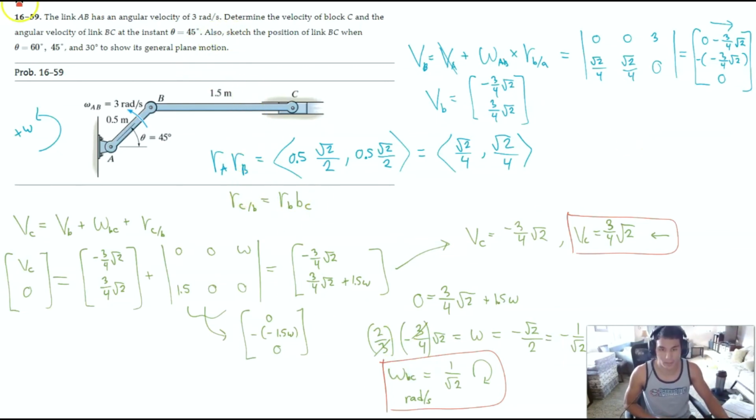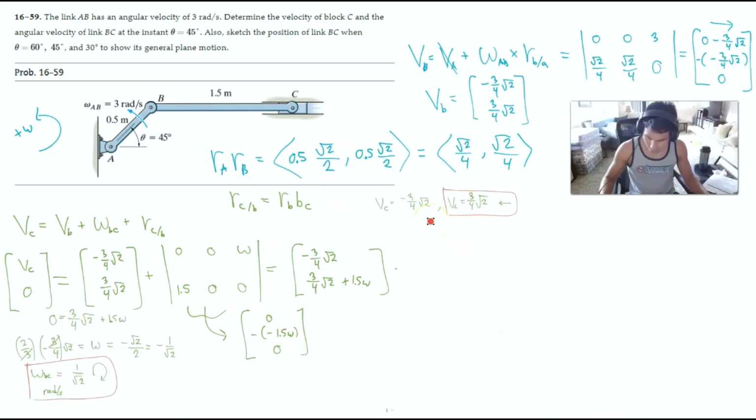And I'm going to make more space to do the sketches now. Okay, so it's time to do some sketching. I'll just draw this out completely 3 times, right? So we have A, and I want to know about the position of link BC. They're really just changing this angle. It's actually not that bad at all.